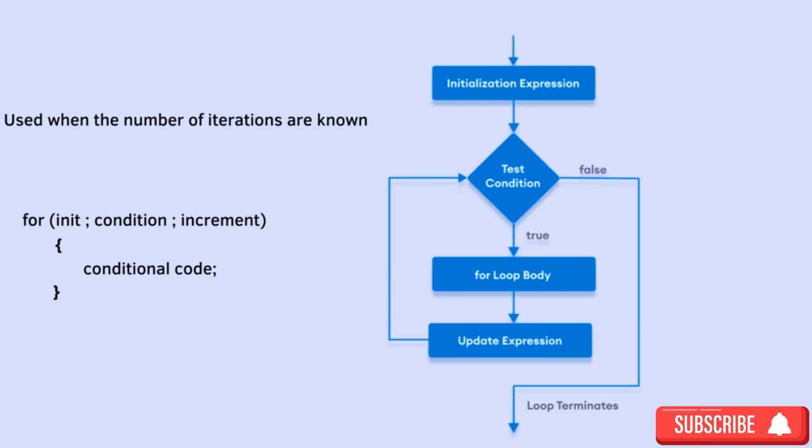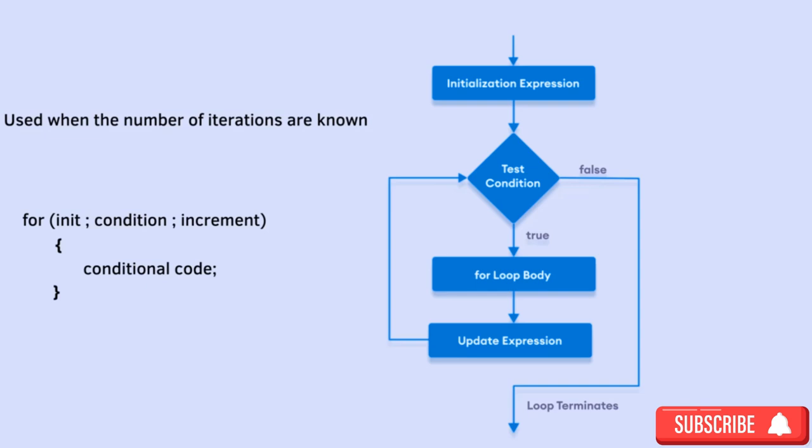Whenever you begin this particular loop, as I said, the number of iterations should be known. So here I will initialize the value. Let's say I will initialize the variable i with 1. That is the initial thing. Condition means the finishing point, when you want your loop to be terminated. That condition will come here. So here I will write something like i is less than or equal to 100.